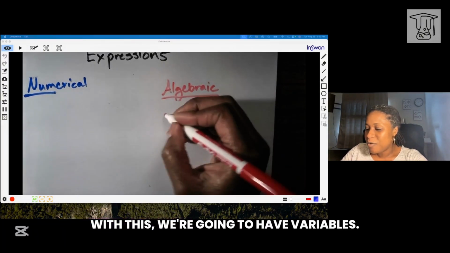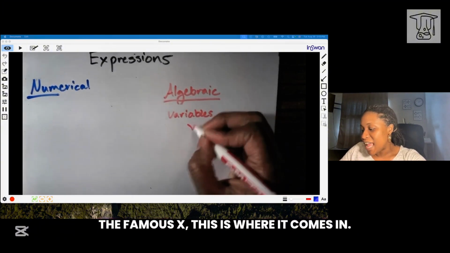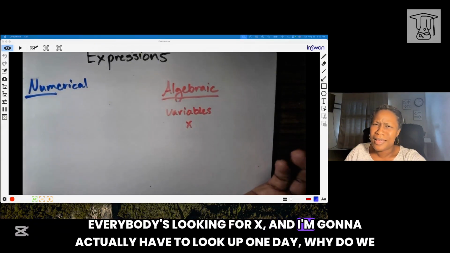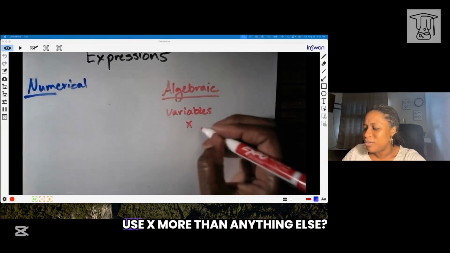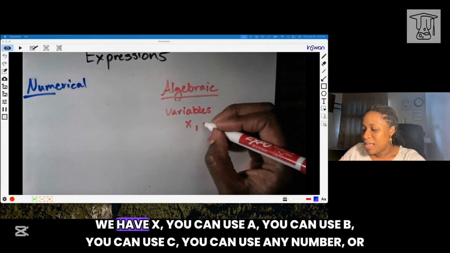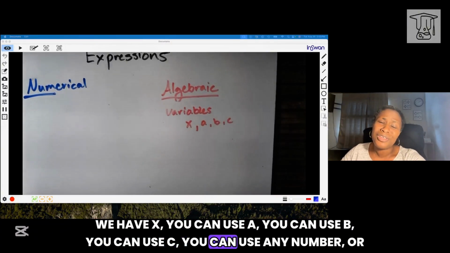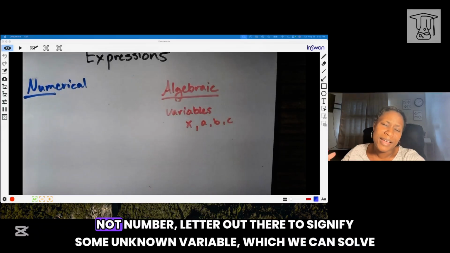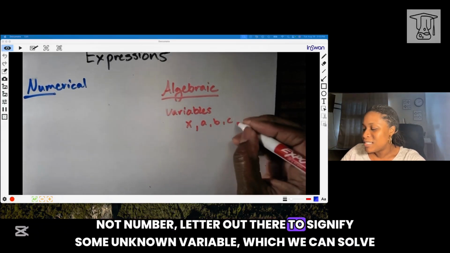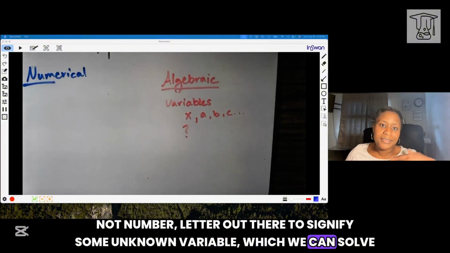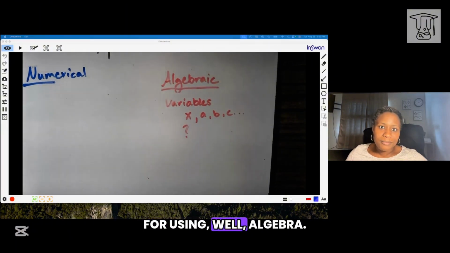With this, we're going to have variables. The famous x, this is where it comes in. Everybody's looking for x, and I'm going to actually have to look up one day why we use x more than anything else. We have x, you can use a, you can use b, you can use c, you can use any letter out there to signify some unknown variable, which we can solve for using algebra.